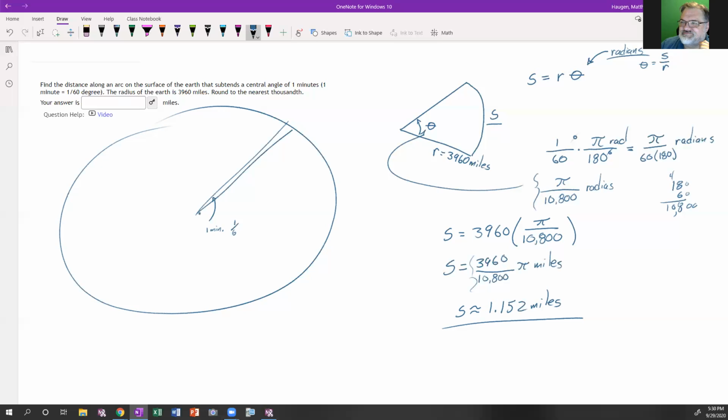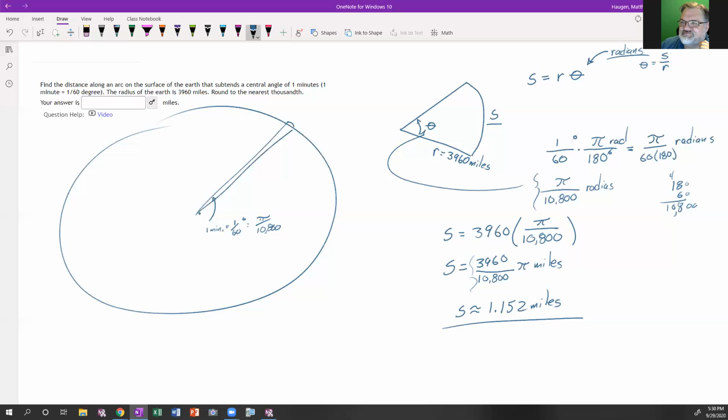It's 1/60th degrees, which is an extremely small angle. They used to use minutes and seconds a lot, especially in navigation. In radian measure, it's a super small radian value, somewhere around 1/3000th of a radian.